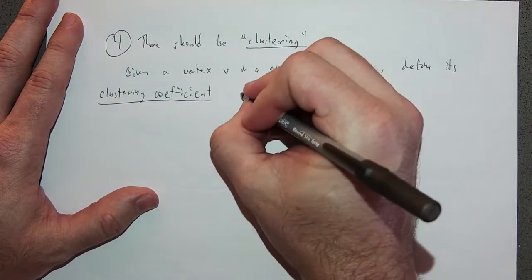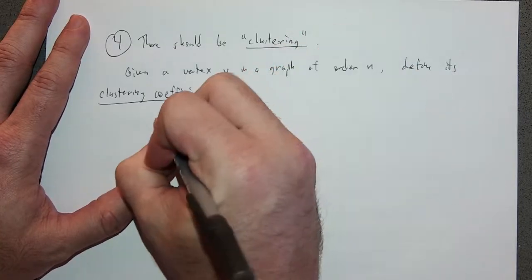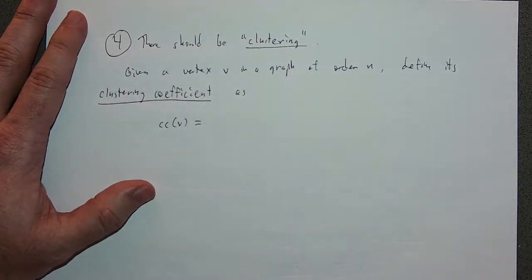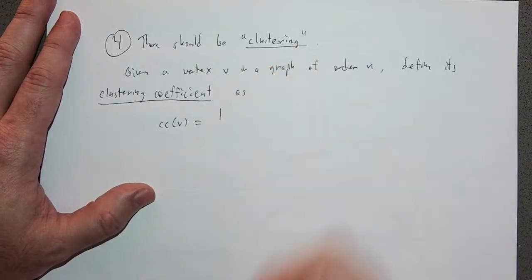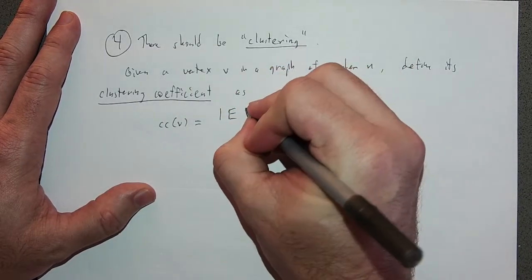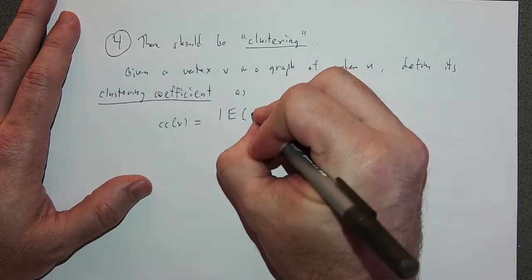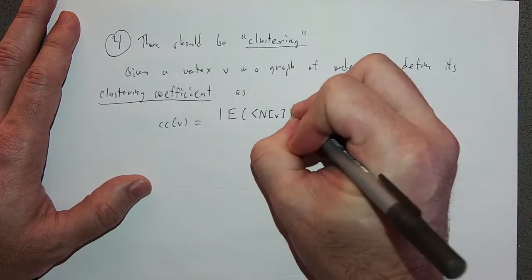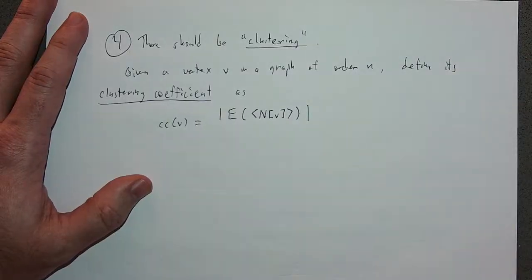This is denoted as CC of V, the clustering coefficient. This is the cardinality of the edge set of the induced subgraph of the closed neighborhood of the vertex V. I know that is a lot of terminology there.